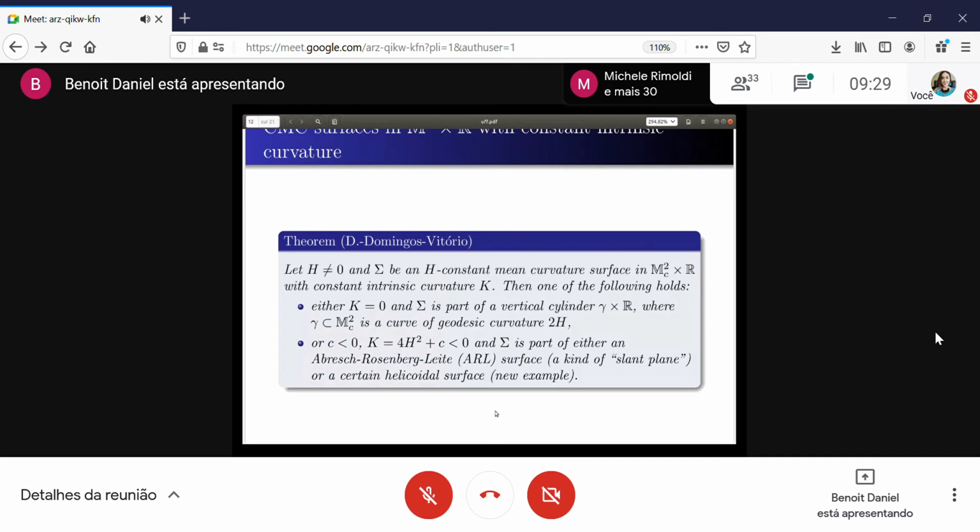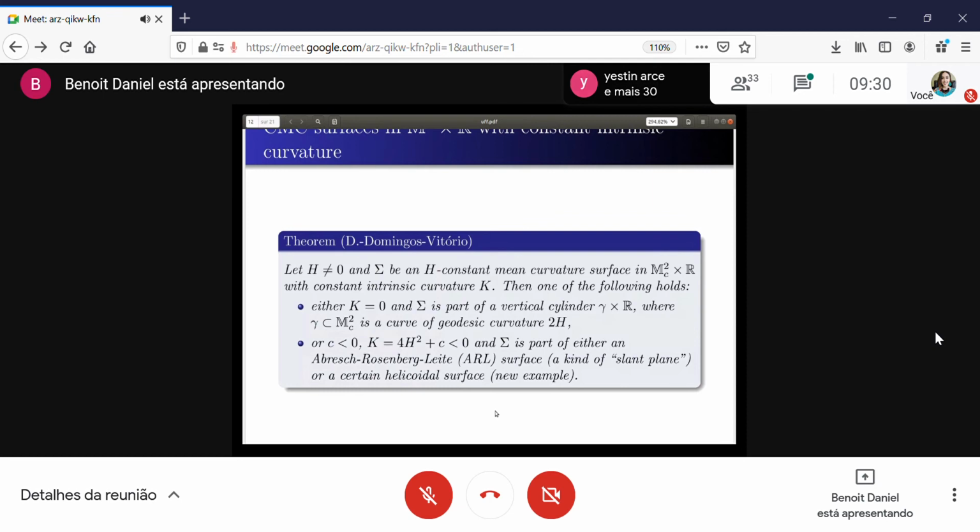I take the product of a geodesic curve of curvature 2H in a horizontal M2 with the vertical factor R. The second and third possibilities occur only when C is negative. Then K, which is 4H2 plus C, also has to be negative. And there are two possibilities: sigma is part of an Abresch-Rosenberg lattice surface or a certain helicoidal surface.